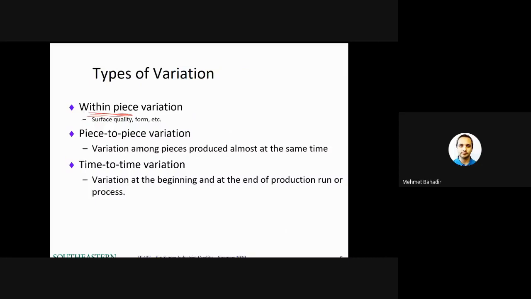Now this is a study, this is an analysis that we can call time to time variation. So you're looking for the variation that changes over the time. These are the three fundamental ways of looking at the variation: within piece variation, piece to piece variation, and time to time variations.